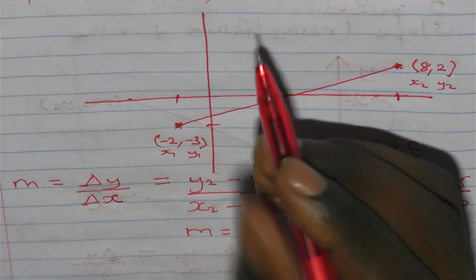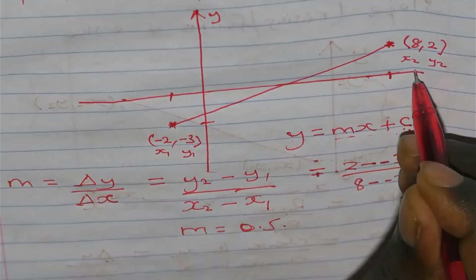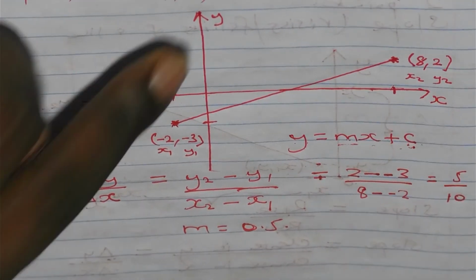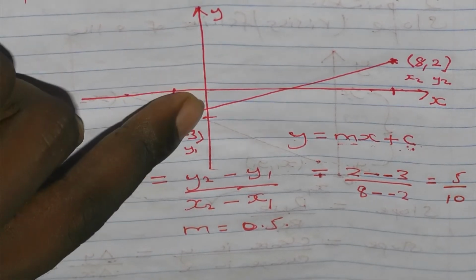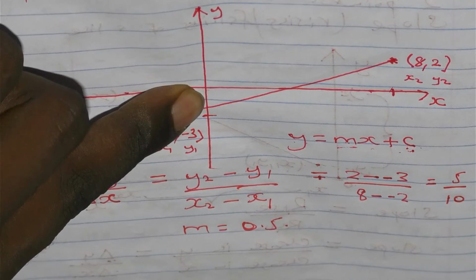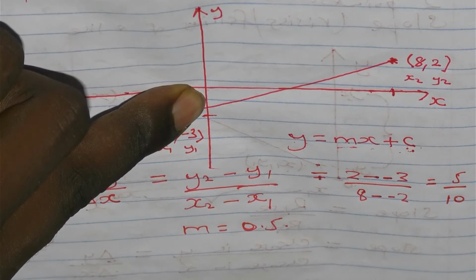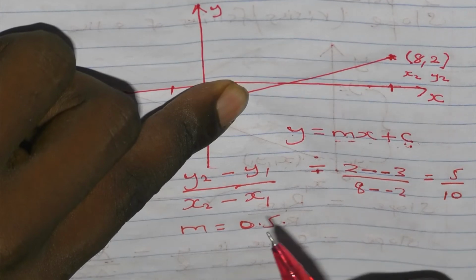This is our y, this is our x, okay? So where the line is intercepting our y, that is called the y-intercept. And it usually has 2 coordinates also. I told you every point has 2 coordinates, right? If we come here, this point has 2 coordinates, just that we don't know them right now.